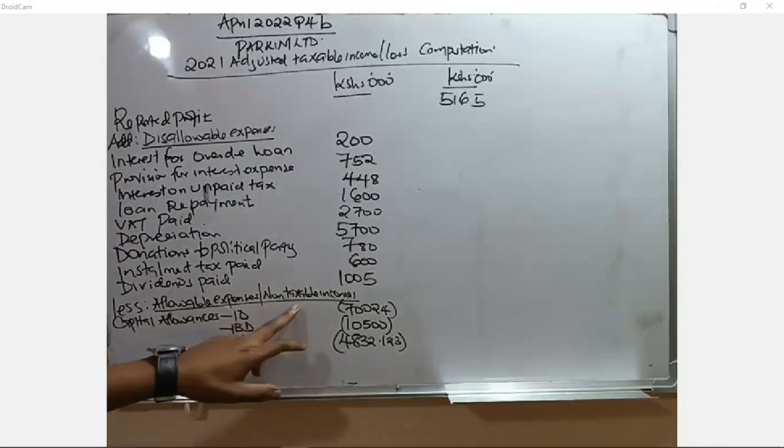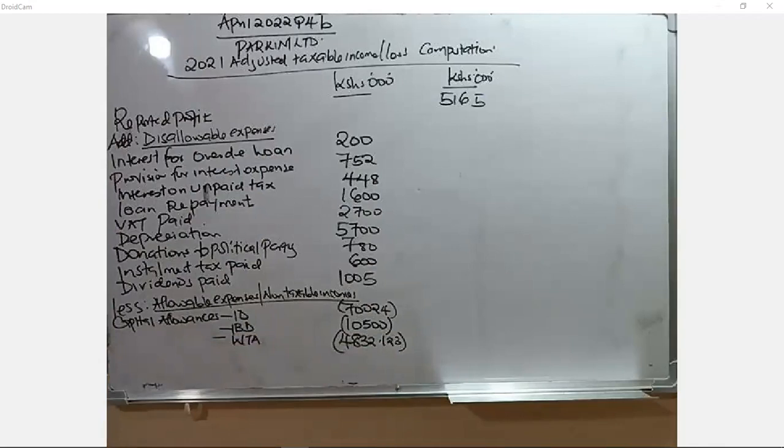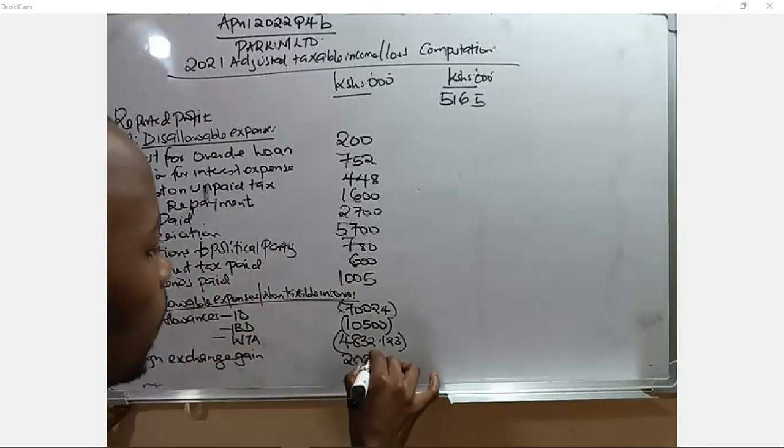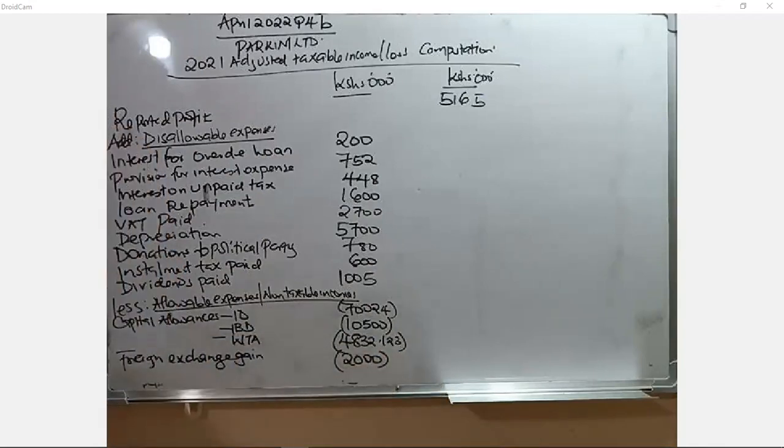Then we have non-taxable incomes under note number 6, where we are being told the gross profit included foreign exchange gain. You subtract it here also. Foreign exchange gain amounting to 2,000.